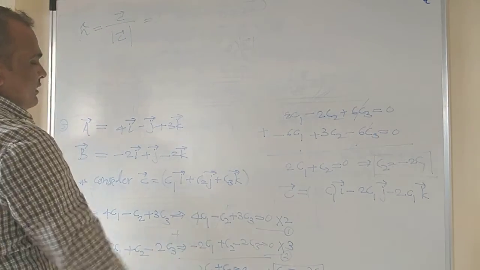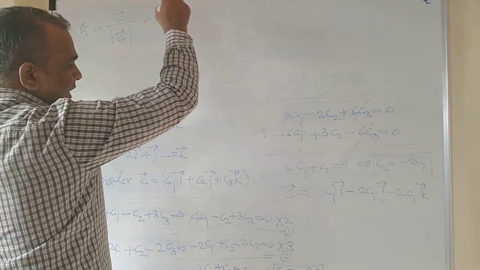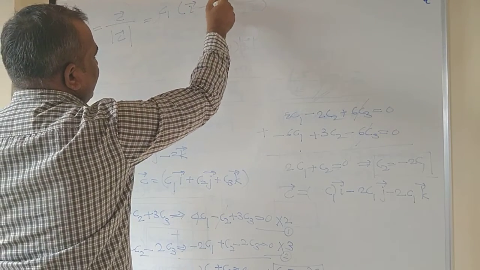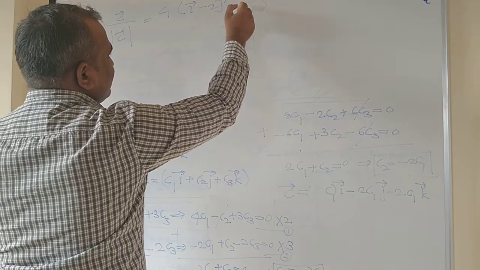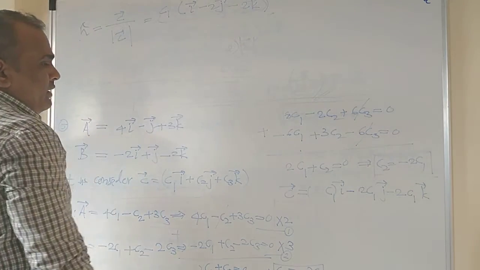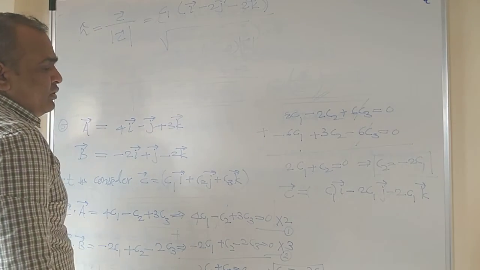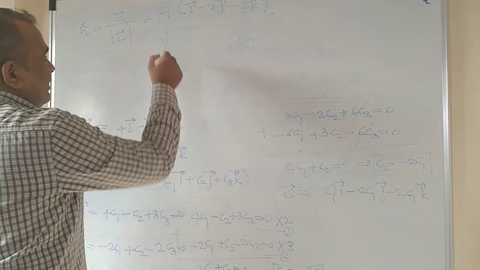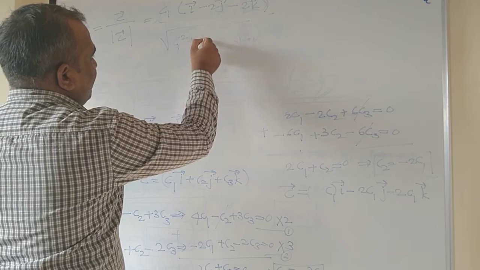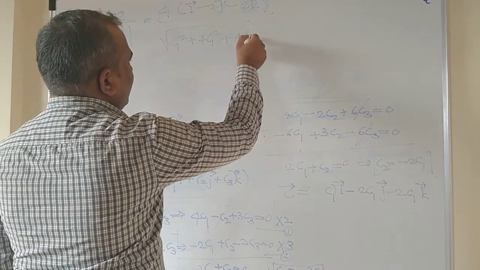So this vector is, let me take C1 common, and inside I can write I bar minus 2 J bar and minus 2 K bar divided by the square root of C1 square plus 4 C1 square plus 4 C1 square.